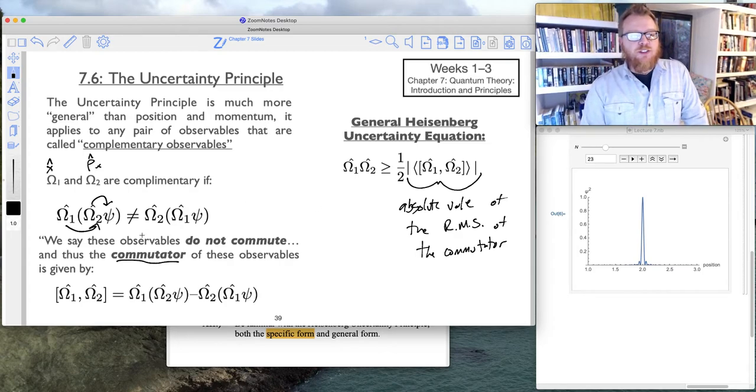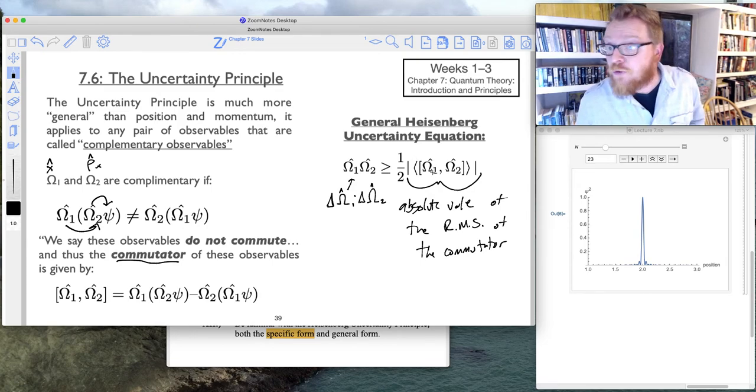So if these two observables were to commute, in other words, if this side of the equation equaled this side of the equation, then if I subtract the difference of those two, that would be 0. And so the uncertainty in omega 1, which is how this should really go, should really be the uncertainty of operator 1 times the uncertainty of operator 2. Well, that chunk would be 0.